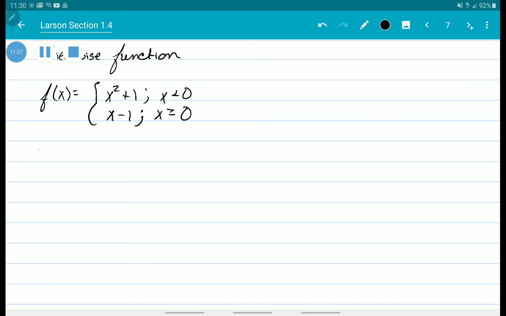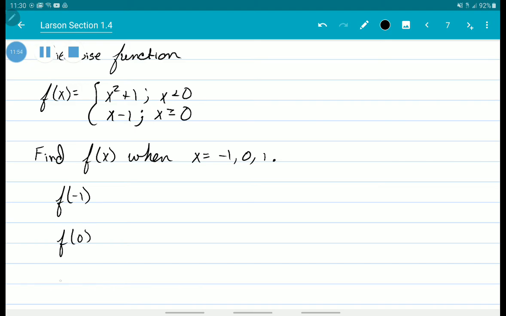So let's do some evaluating. So the directions are going to say, find f of x when x equals -1, 0, and then 1. So we are finding f of -1, we are finding f of 0, and then we are finding f of 1.